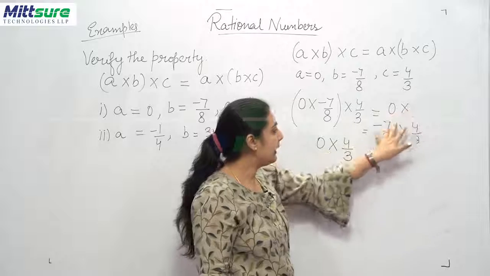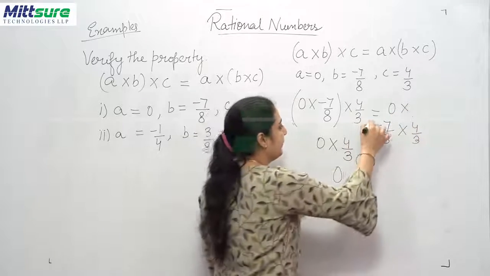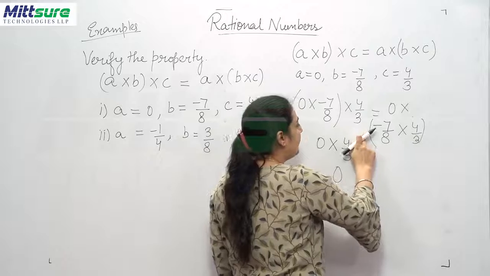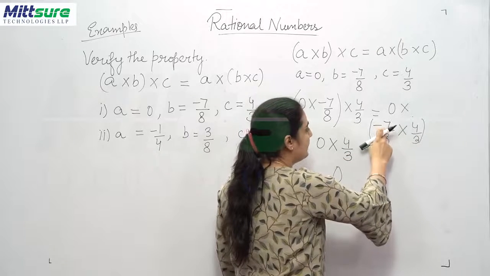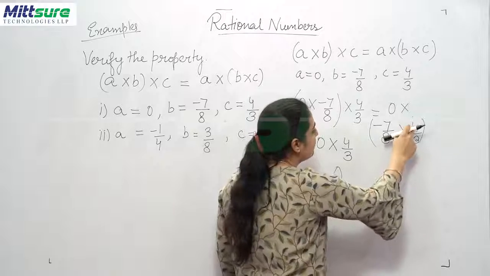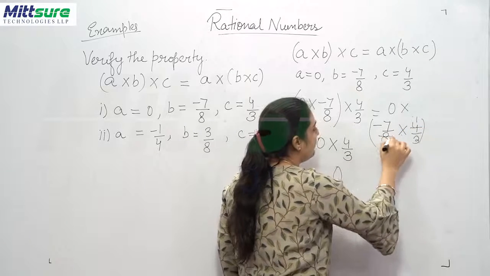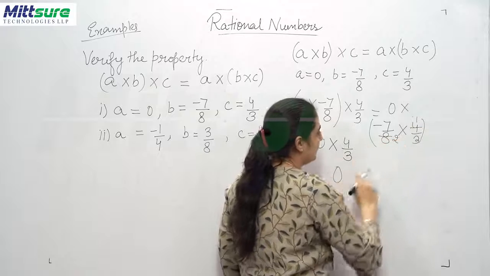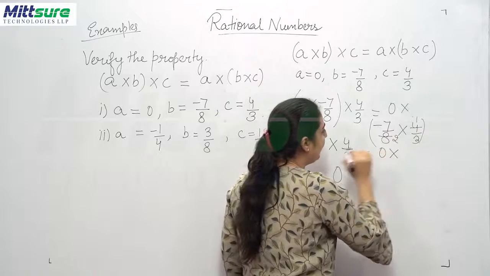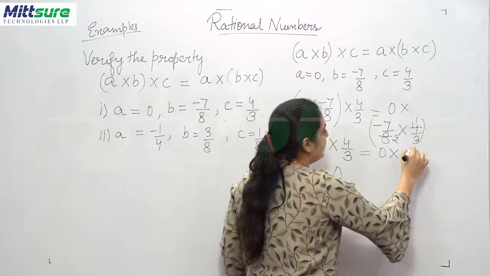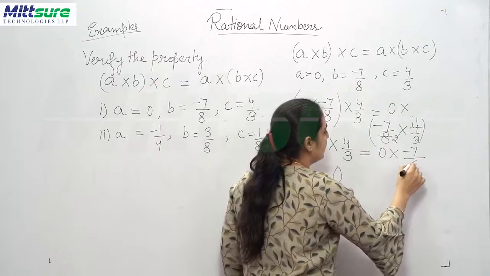So 0 multiplied by minus 7 upon 8 into 4 upon 3. This is inside the bracket, right? Now, I cannot cancel minus 7 and 3, but 4 and 8 can be cancelled with each other. This goes one time and this goes 2 times. So I am left with 0 multiplied by minus 7 upon 2 into 3, that is 6.